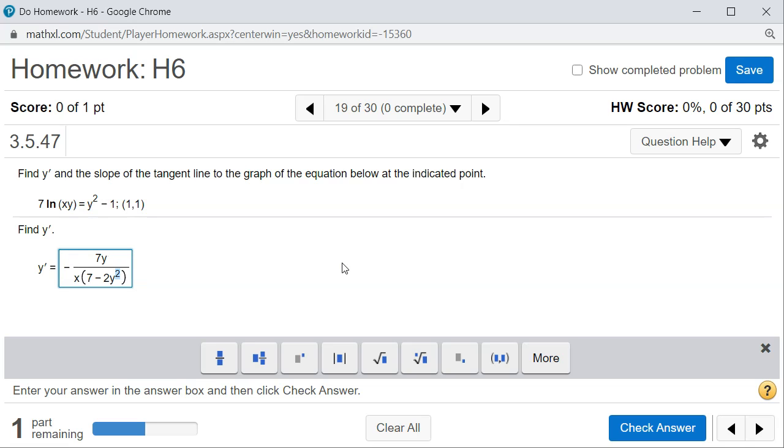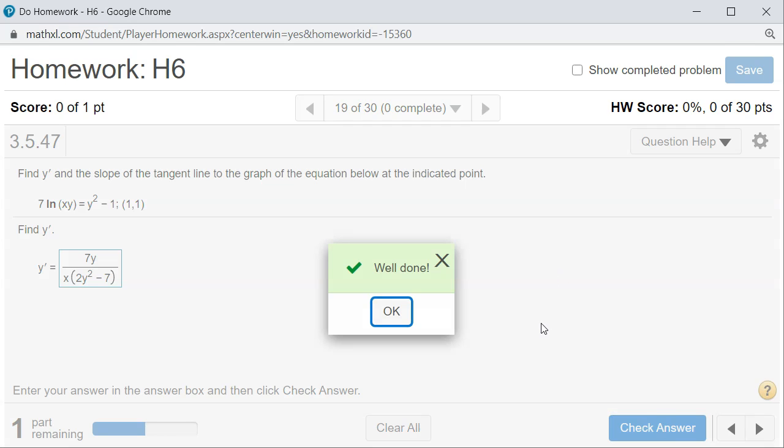If you really want, you could distribute this negative sign so that it becomes positive 2y squared minus 7. Maybe let's do that. It looks a little bit cleaner. So I'm going to incorporate this negative sign, so it's going to be plus 2y squared and then subtract 7. Let's check the answer. We got that.